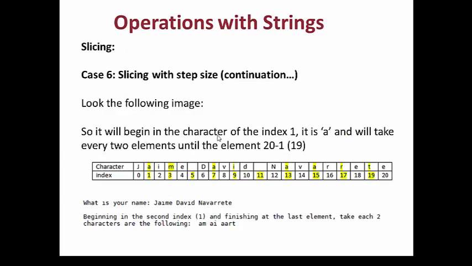It will begin at the character of index 1, A, and we'll take every 2 elements: M, 1, 2, space, 1, 2, A, 1, 2, I, 1, 2, space, 1, 2, A, 1, 2, A, 1, 2, R, etc., until the element 20 minus 1.